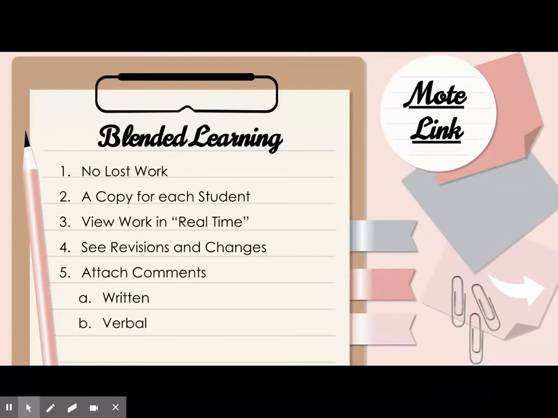So you have lots of access to the student work and you can view them without them even knowing you're viewing them. And while you're doing that, you can see revisions and changes. If you need help identifying how to look at student revisions and the changes that they've made, please reach out to me. I'd be happy to walk you through that.